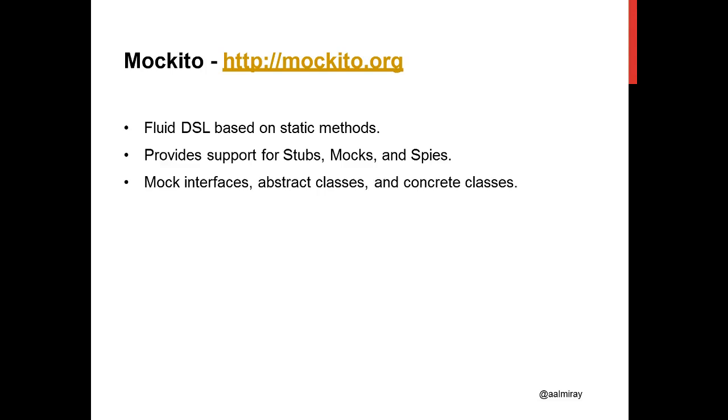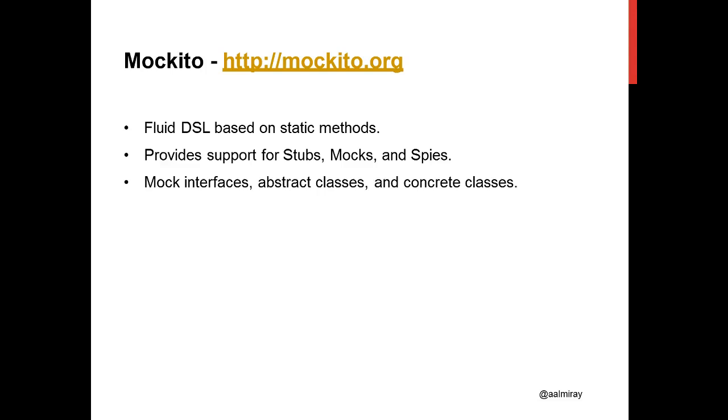So the advantage of Mockito is that it has a fluid DSL for defining our expectations using static methods. You have support for stubs, which are fake objects that return a value. That's it. You have mocks, which are stricter. This one validates how many times you call them, with which arguments, and in which order.